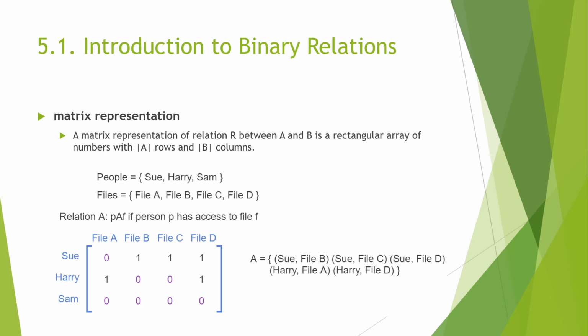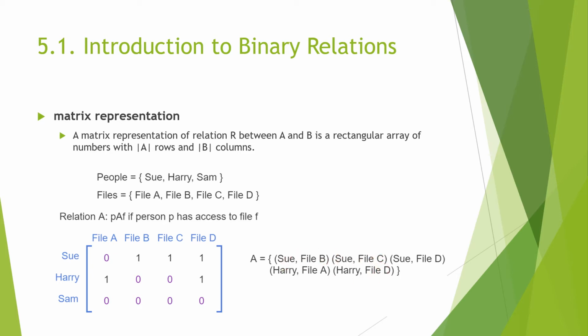Now, if a person has access to a file, you need to set the element of that row and that column equal to 1. Otherwise, you have to set that element equal to 0. For example, Sue doesn't have access to file A because Sue and file A is not in this relation.